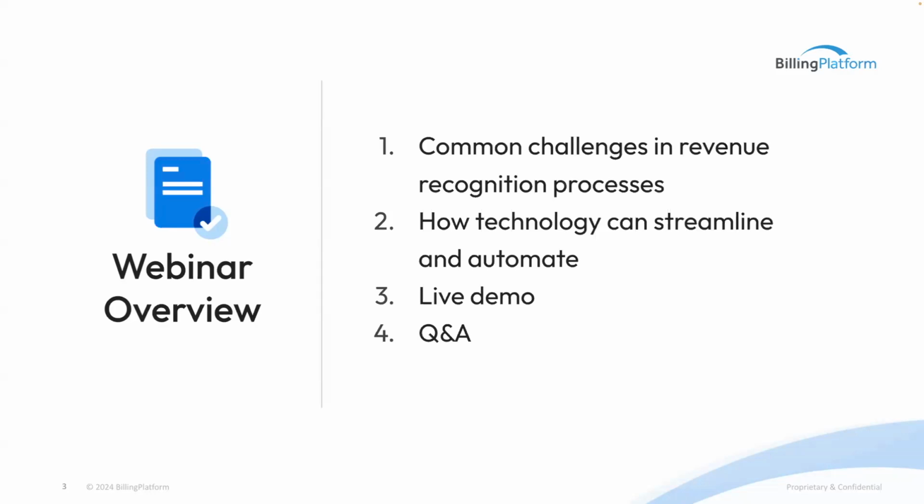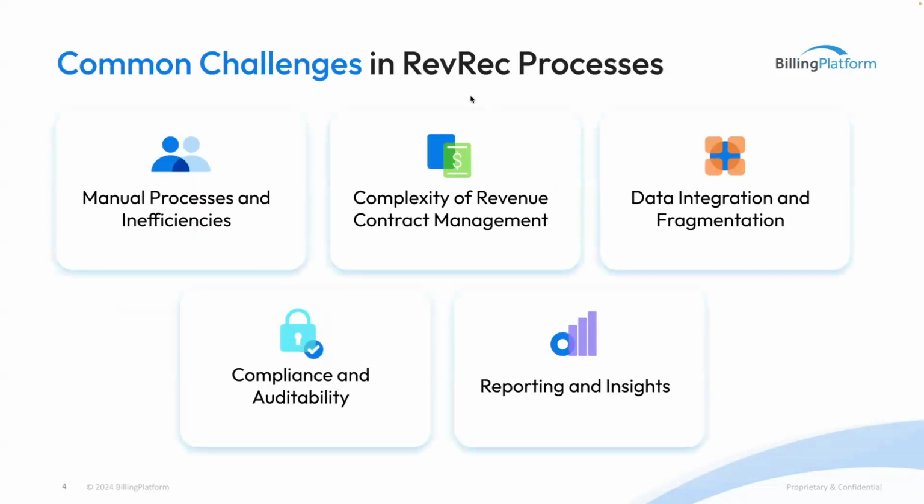So with that, Morgan, let's go ahead and get into some of these challenges. What kinds of challenges are we seeing companies face in RevRec? Thank you, Matt. We'll start off here with a landscape of common challenges that we've seen out there with companies solving their revenue management process, and then specifically revenue recognition, the accounting side of things within that process.